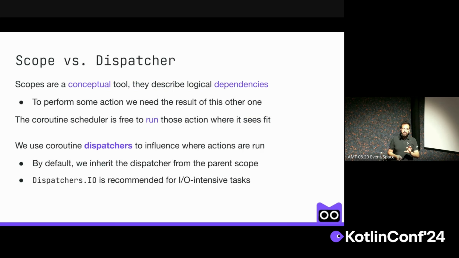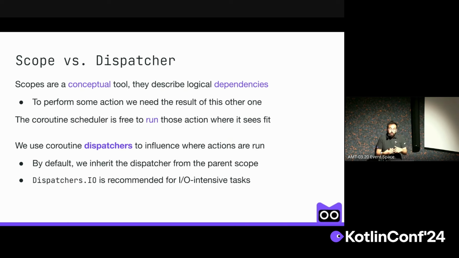And now it's maybe the moment in this last couple of minutes to talk about this idea of dispatching, right? And I've mentioned at the beginning of the talk, I like to think of a scope as a conceptual tool, as a logical way to express how the tasks work in my concurrent operation.